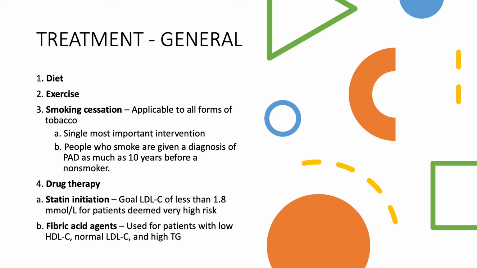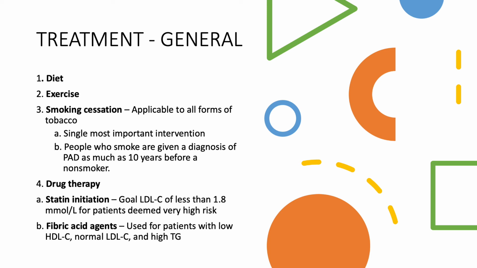Whether the patient is vaping or smoking or whatever, we have to emphasize that they stop smoking. It's the single most important intervention, and people who smoke are given a diagnosis of PED as much as 10 years before a non-smoker.